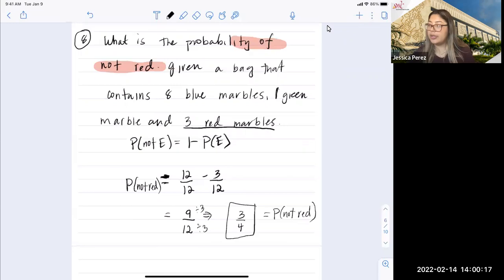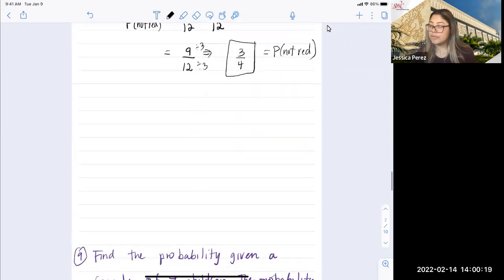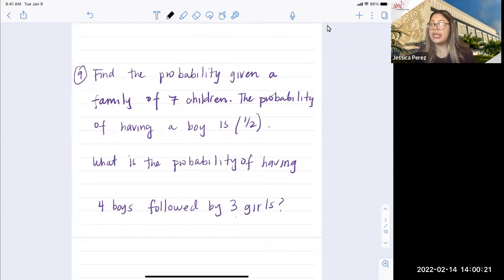All right, let's move on. Question 9: find the probability given a family of 7 children. The probability of having a boy is a half, right? Because you can either have a boy or a girl. They're looking for the probability of having 4 boys followed by 3 girls.